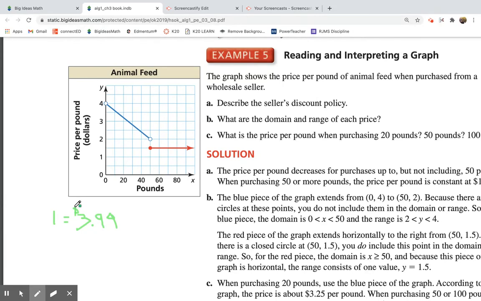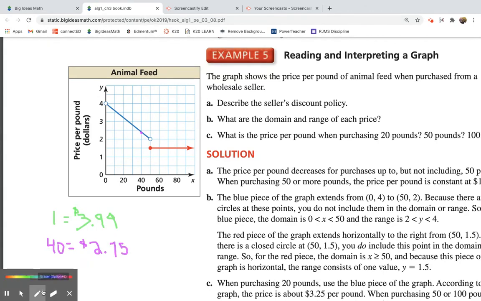Okay, so then it said for 40 pounds. Looking at this graph, come up, it's right there, over here. I would maybe say 275, 280. Again, as long as you're close in there, then it's correct.